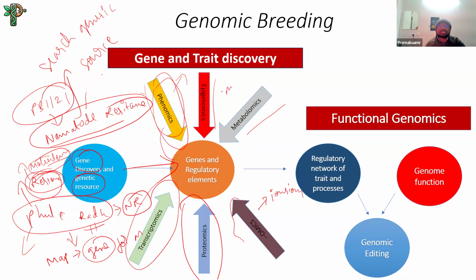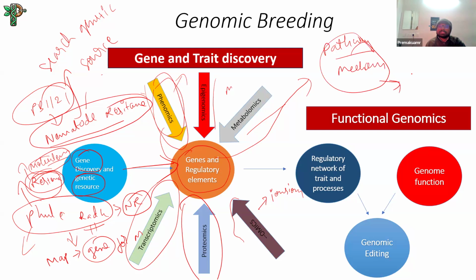Not only genomics, it's multi-omics. Then we can understand the mechanisms of a particular trait, for example, resistance only. Why is this particular variety resistant to nematode?